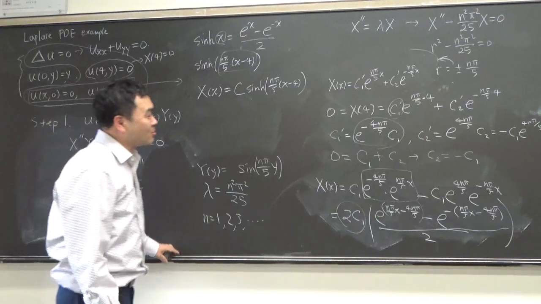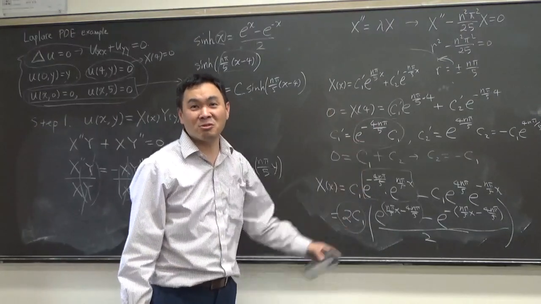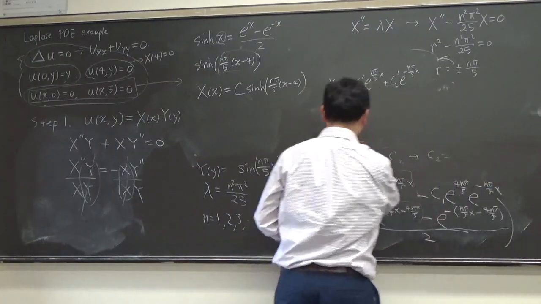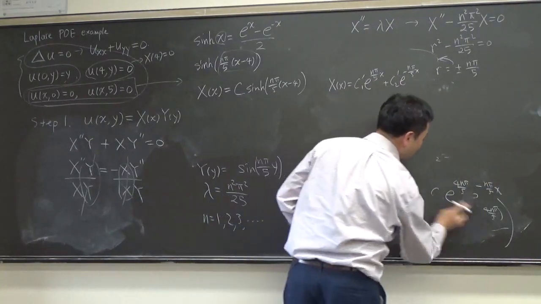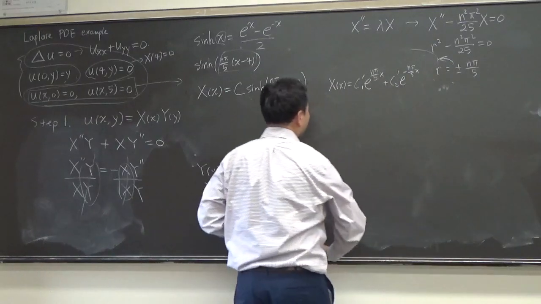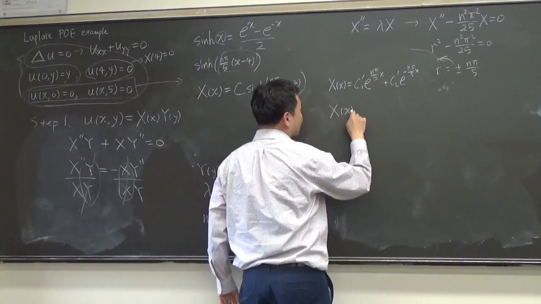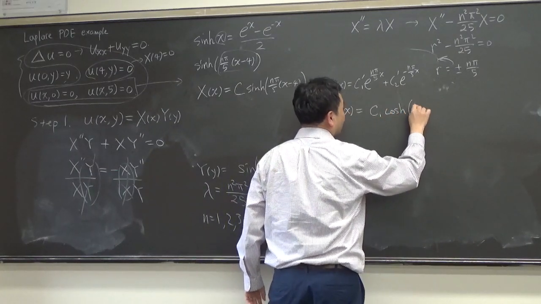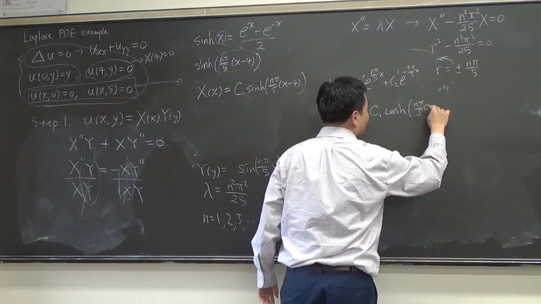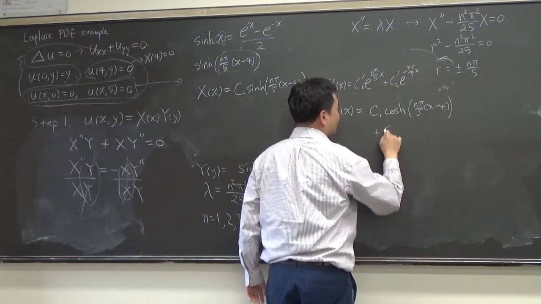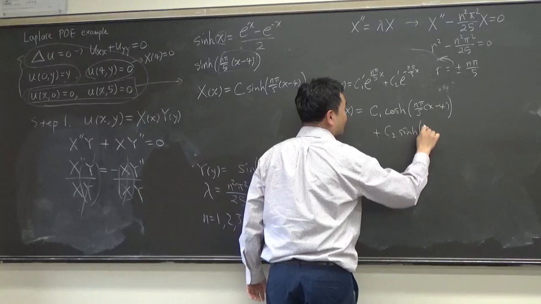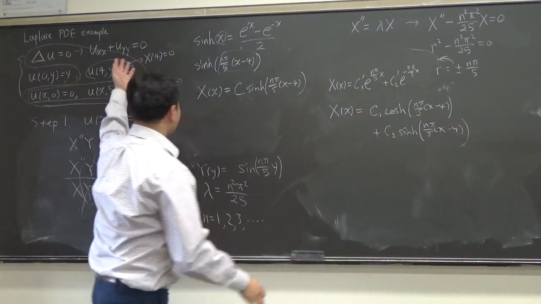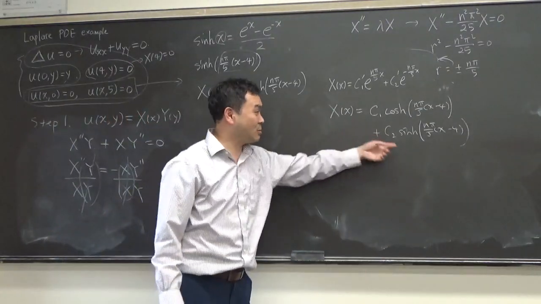But please don't do it this way. This is a really convoluted way of doing things. The better way is what I showed you. Rather than writing down your solution in that way, you just write your solution in the form of c1 cosine hyperbolic n pi over 5 x minus 4 plus c2 sine hyperbolic n pi over 5 x minus 4, and then you apply this condition, you'll see that c1 has to be 0, and you immediately get that.